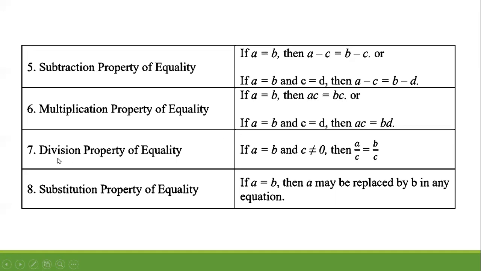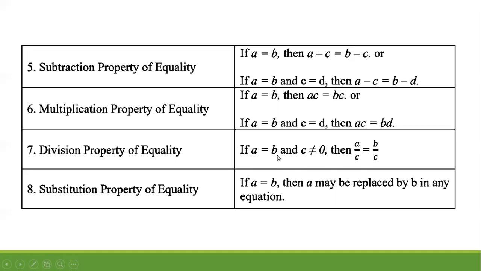Okay? Number 7, division property of equality. Kung ano yung dinivide natin kay left side, ayun din yung i-divide natin kay right side. We have A equals B and C is not equal to 0 because kapag naging 0 si letter C as a denominator, magiging undefined na po ang ating equation.